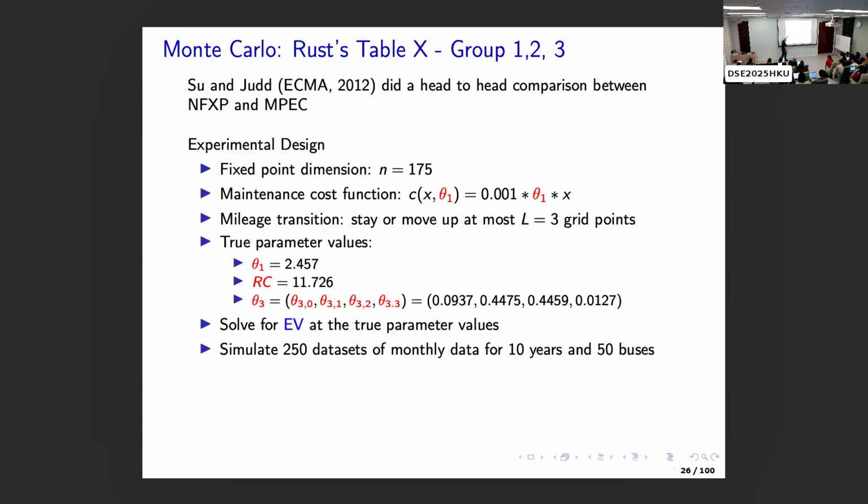So that's a parameter. Now, given that set of parameters, we know theta 1 and theta 3, we can solve for the expected value function at the true parameters. Calculate conditional choice probabilities, simulate the data, and that's what they did. They simulated 250 data sets of monthly data for 10 years and 50 buses, to mimic the same type of data that John had.